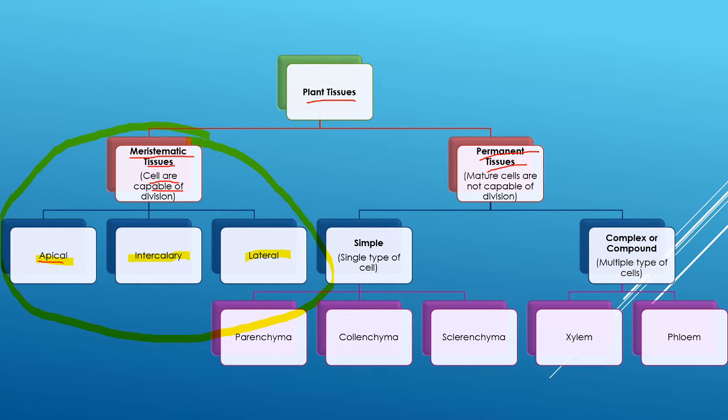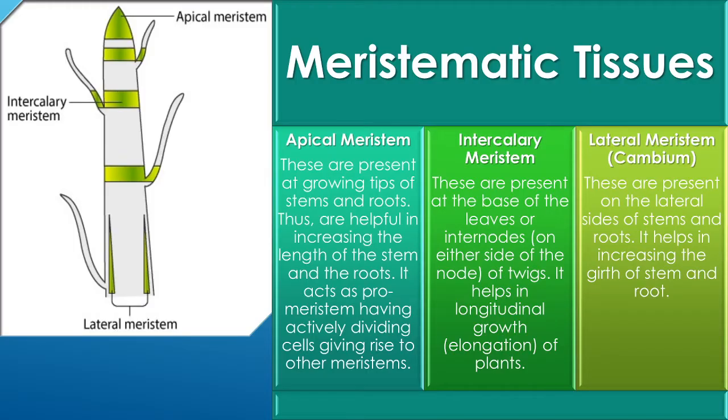Then let's proceed with this topic. First, meristematic tissues. What are meristematic tissues? They are the tissues in which cells always keep dividing and keep giving rise to new cells. So meristematic tissues keep dividing rapidly.